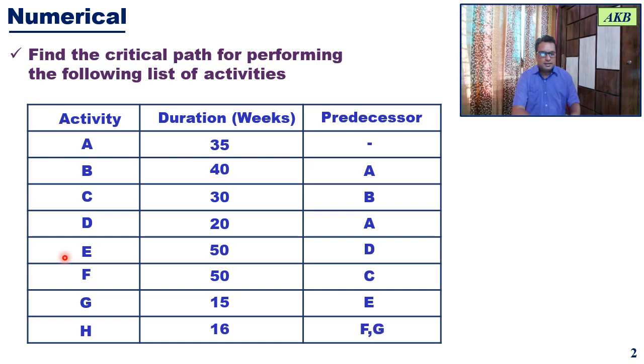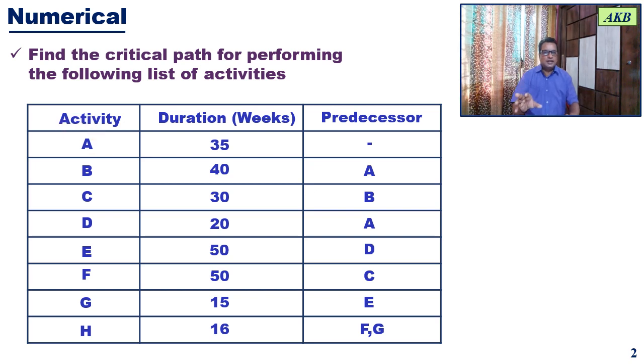There are two predecessor activities to this, F and G. So before you can start activity H, activities F and G have to be completed. So you have this list of activities given to you.